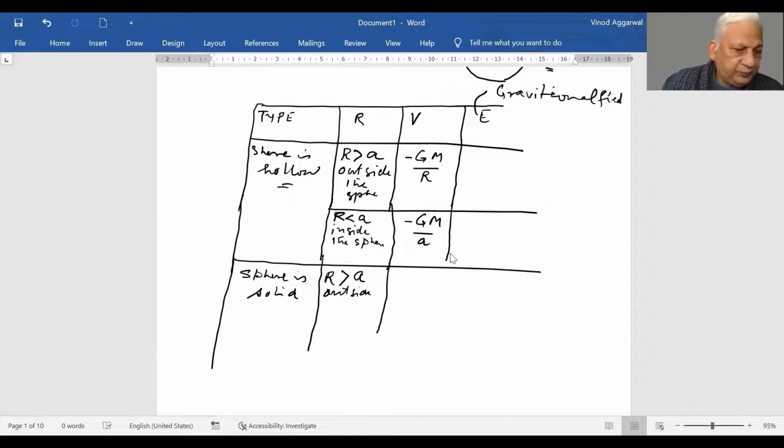Then our potential will be minus Gm by R, and when R is less than A, that means the point is inside this sphere.